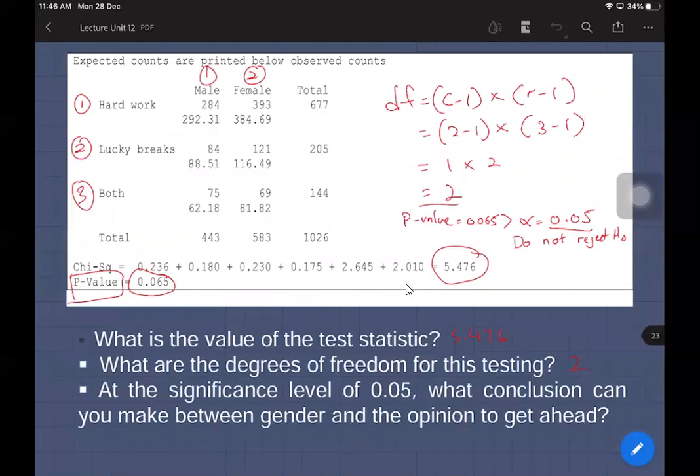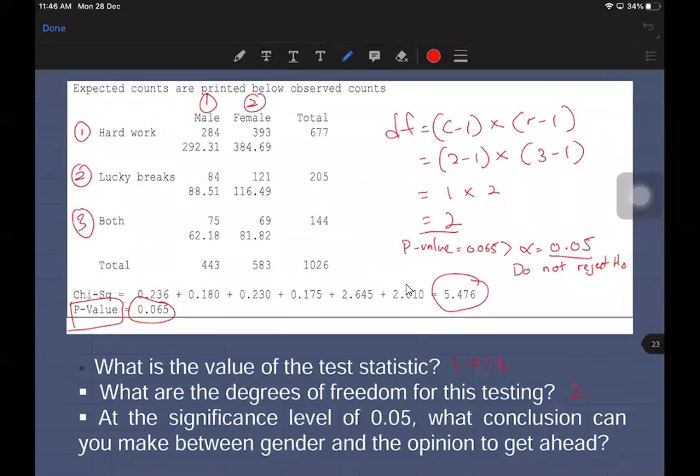If I draw here, this is the alpha rejection region. So if you look at chi-square value 5.476, it's somewhere here, in the non-rejection region. So the conclusion will be, do not reject the null hypothesis.